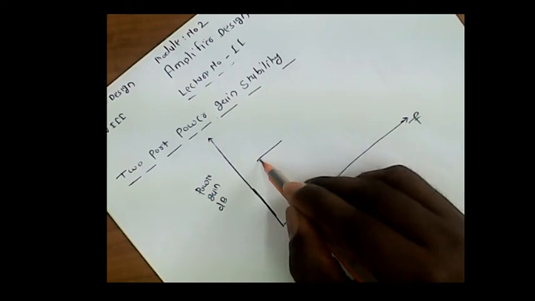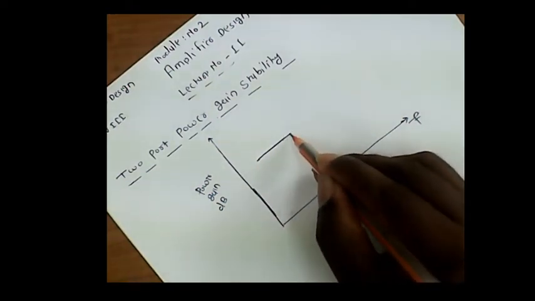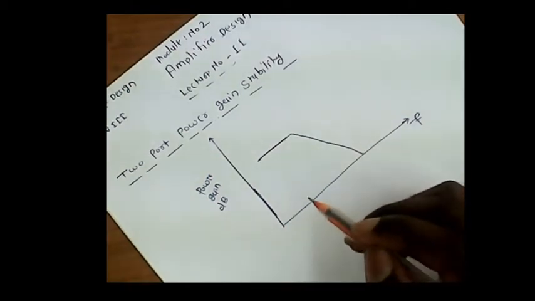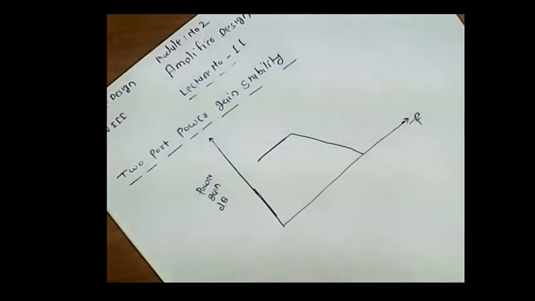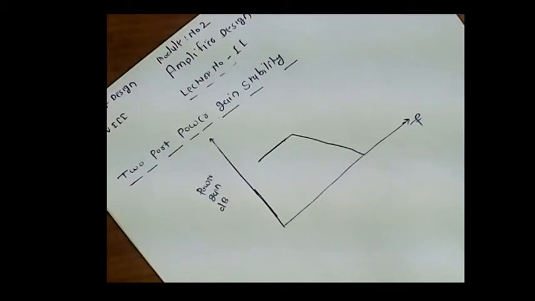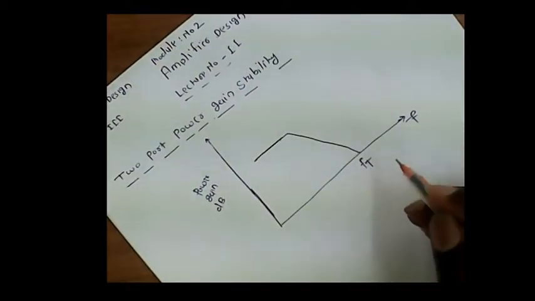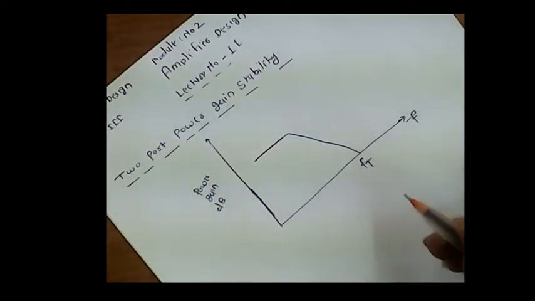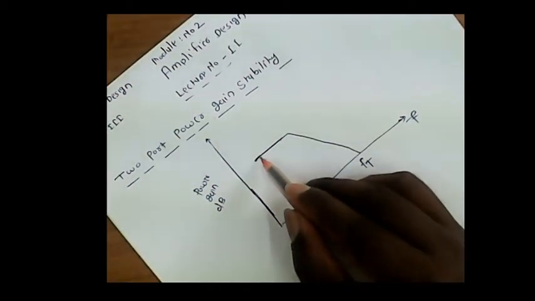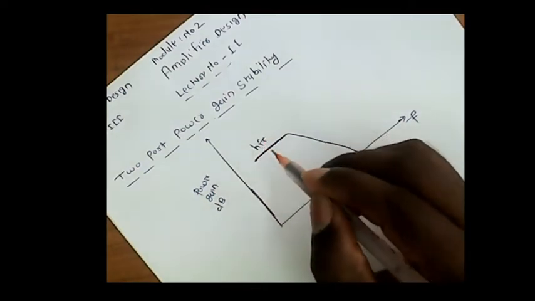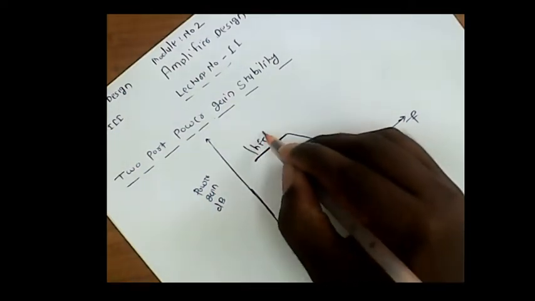So if you observe, at a certain frequency it will be decreasing, and that frequency is called the cutoff frequency, that is FT. At low frequency the short circuit gain, that is HFE, is constant.